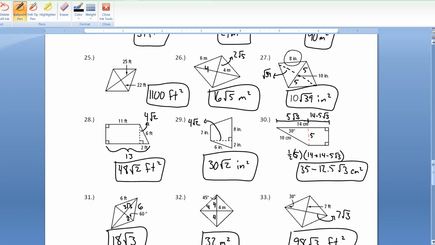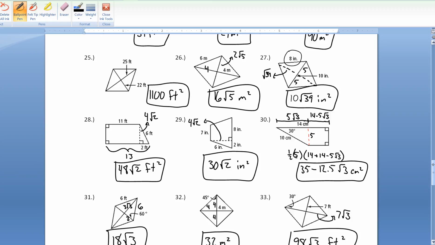This one, again, using that formula for the trapezoid, I just have to recognize that entire bottom piece has got to be a 13. I also have to use the Pythagorean theorem to come up with the height, which is the 4 root 2. And then I do 1/2 the height times the bases added together.